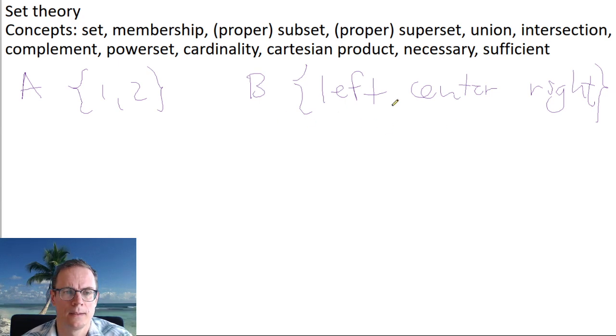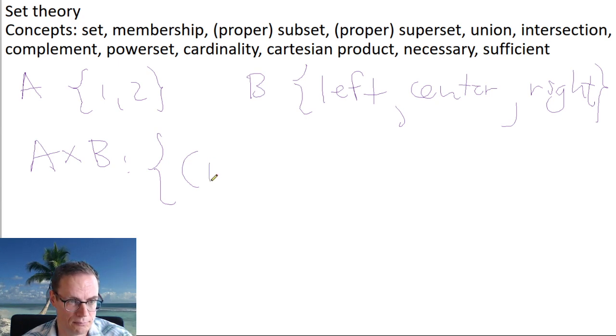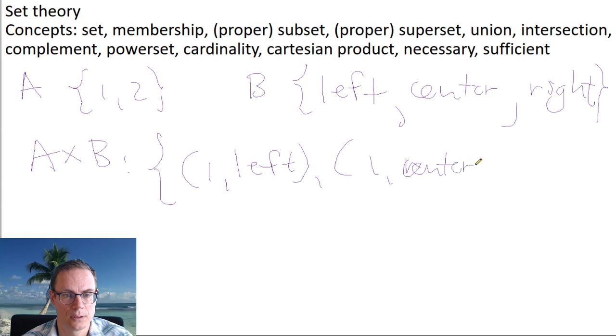Now the Cartesian product, which we write with a multiply sign, is the set of all ordered pairs such that the first member of the ordered pair in question is a member of A, and the second member is one of B. So we have one left, one center, and one right.